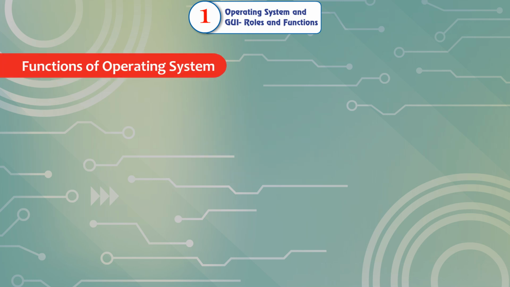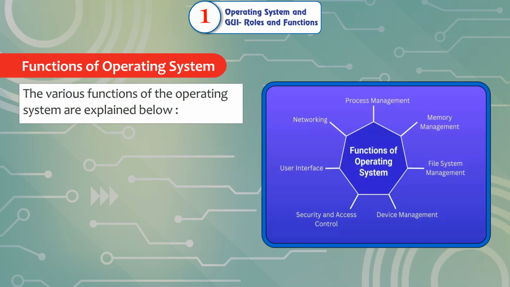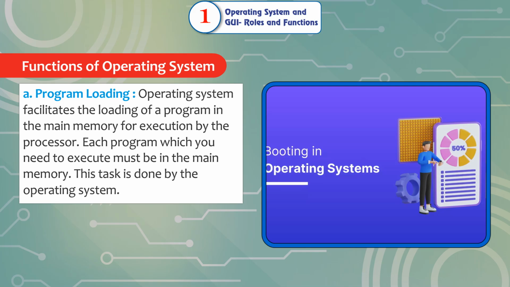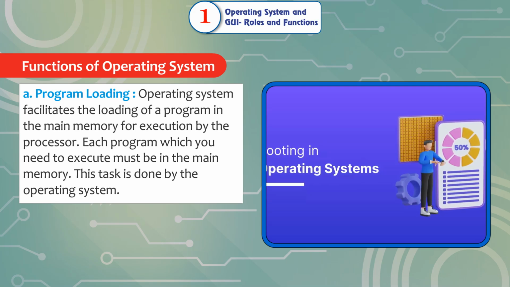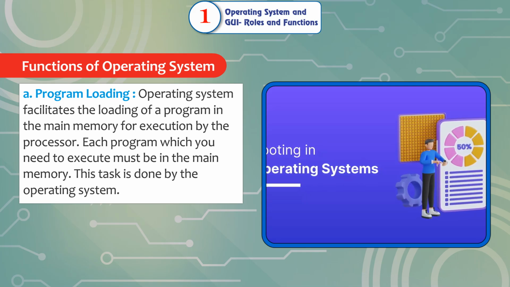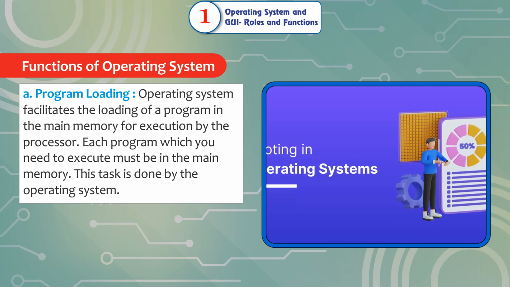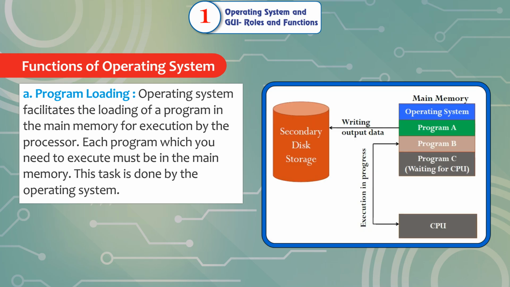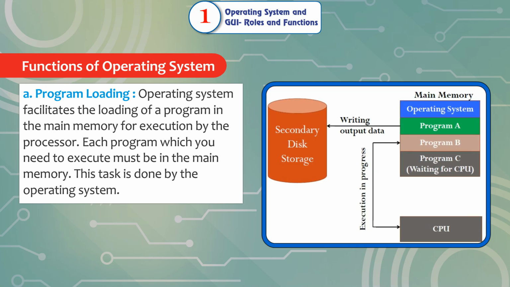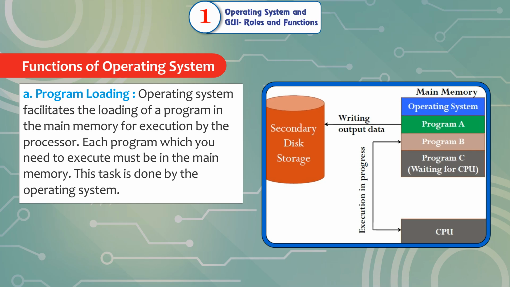Functions of operating system. The various functions of the operating system are explained below. A. Program loading. Operating system facilitates the loading of a program in the main memory for execution by the processor. Each program which you need to execute must be in the main memory.